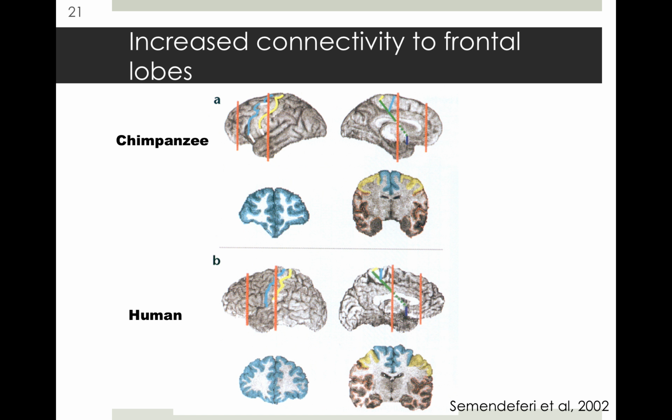And perhaps this has led a lot of people to ask, what is it that's a sign of intelligence? What does it mean to be intelligent, and what is it that's unique to humans?